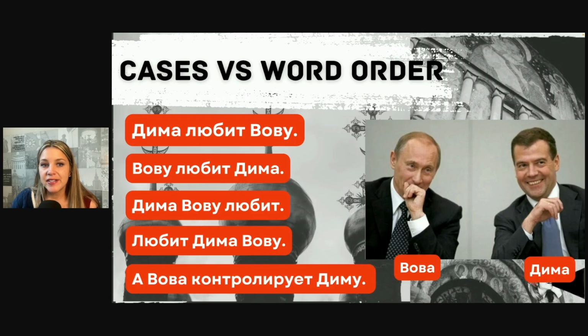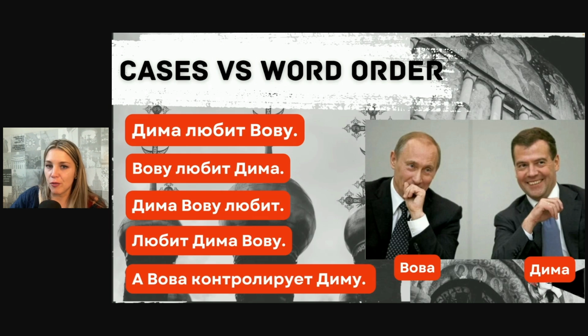Okay, what about this sentence, English speakers? Вову любит Дима. Who is loving whom in this sentence? Oh, by the way, Dima is short for Dmitry. If you don't know who these two people in the pictures are, these are some Russian leaders, Vladimir Vladimirovich Putin and Dmitry Medvedev.